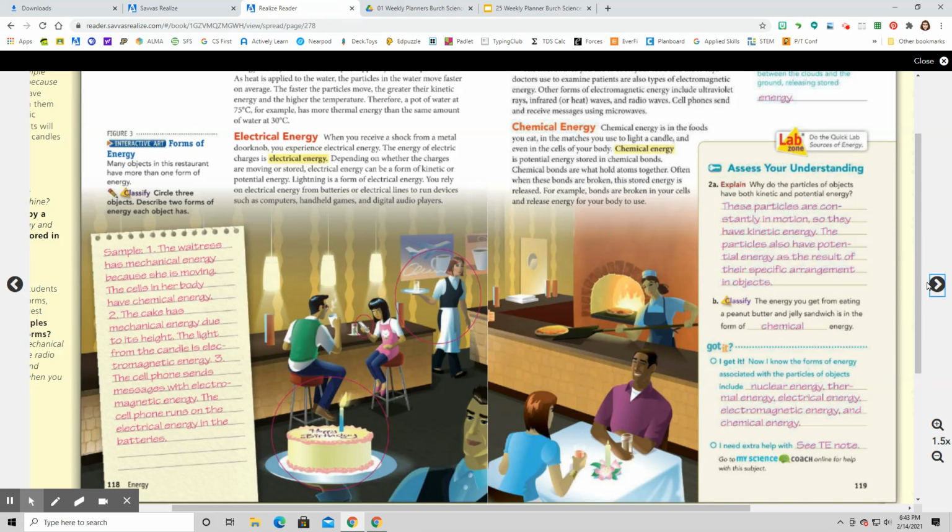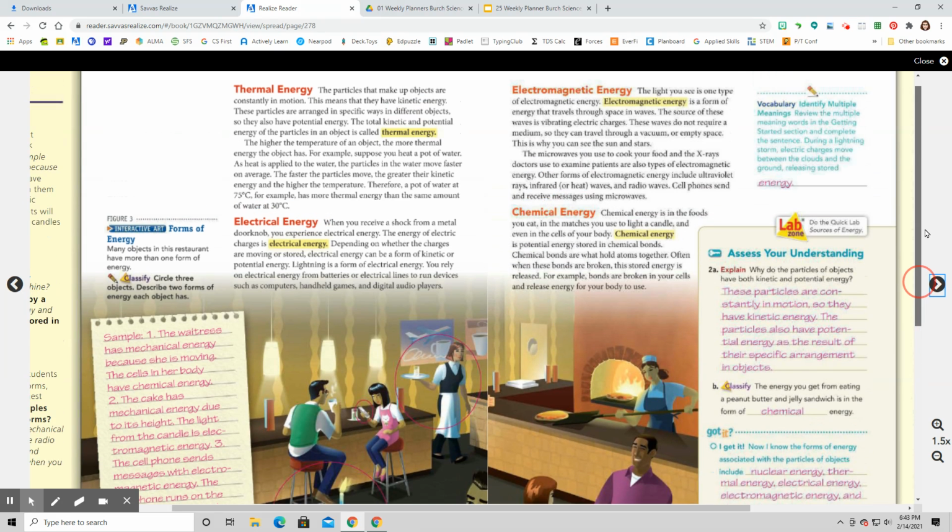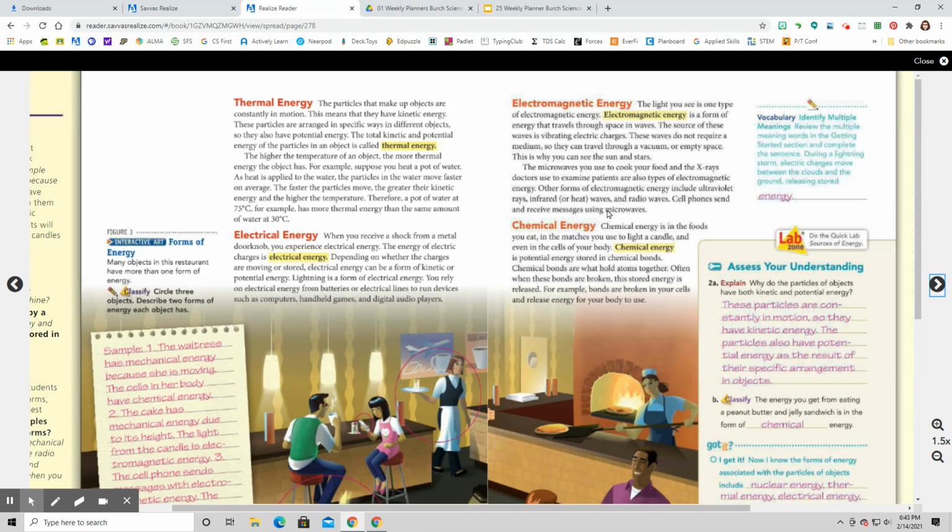On the next page, it talks about the other four types of energy. So thermal energy is the total kinetic and potential energy of the particles in an object. Let's say that you have a pot of water ready to make some macaroni and cheese, and it's just sitting in the pot. It's not very hot. You don't see a lot going on there. If you put a thermometer in there, the atoms and molecules are going to bump into the thermometer.